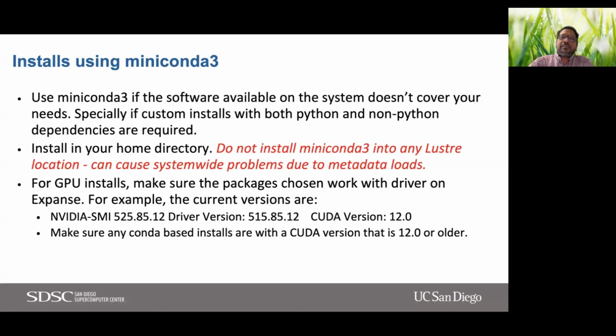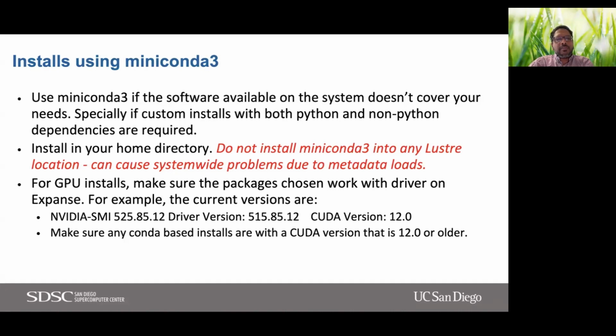This causes a lot of problems because Conda installs have tens of thousands of files, and every time you load or initiate something in Conda, it's going to walk a lot of the files and cause a lot of metadata loads. That causes issues on the Lustre file system. The home directory is a lot better at dealing with this, so you can install it into the home directory.